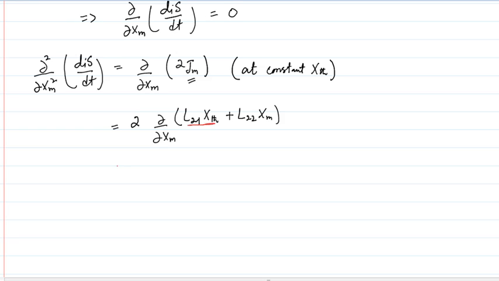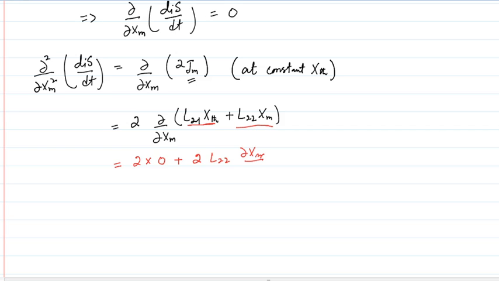So it will turn out to be 2 into 0 plus 2, and L22 is constant, so we can write it as dou xm upon dou xm, so this will be equal to 1.